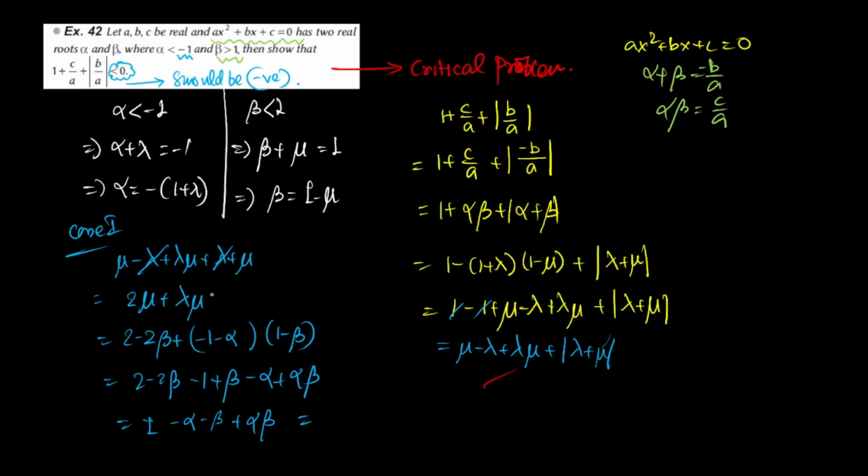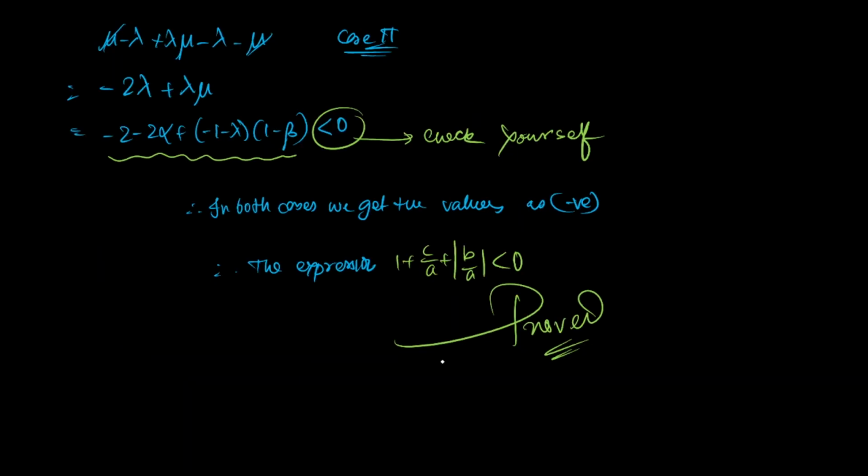Okay, this part is okay. I have not written this as negative. So okay, by common sense it comes, so you have to write it in the question paper. Okay, done.